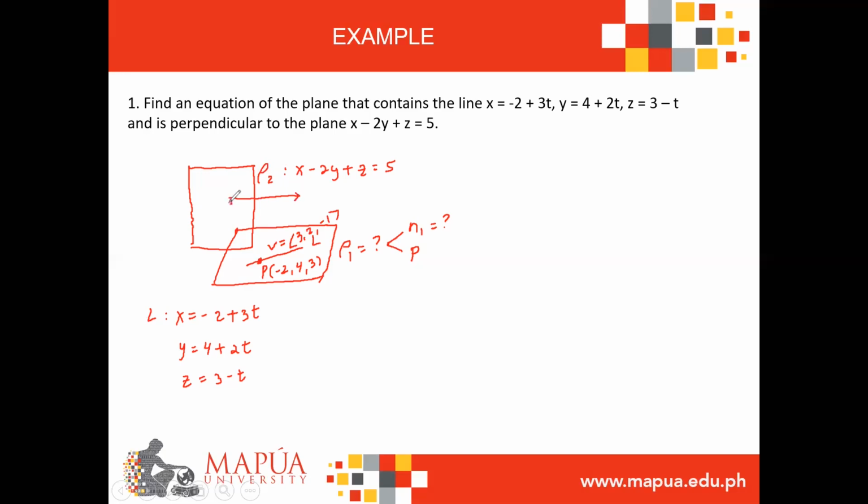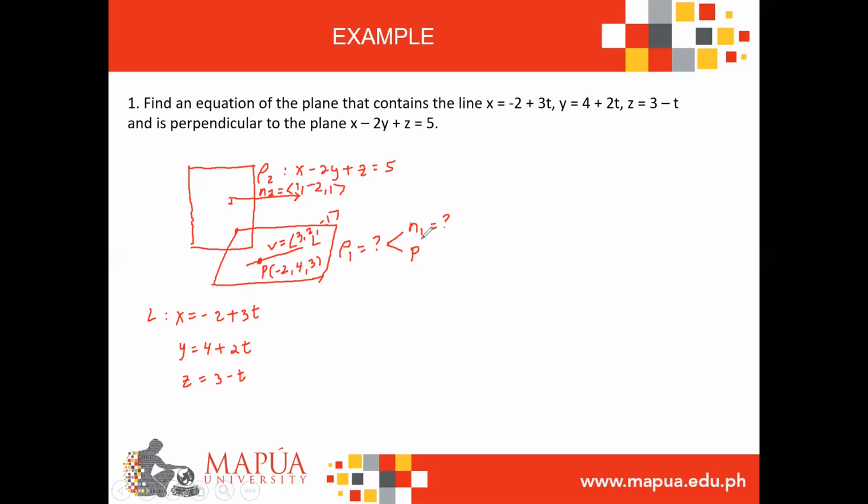So this is now your normal 2. And we can easily identify the components of your normal 2 from the coefficients of x, y, z in the equation of your plane. So we have it as 1, negative 2, 1.